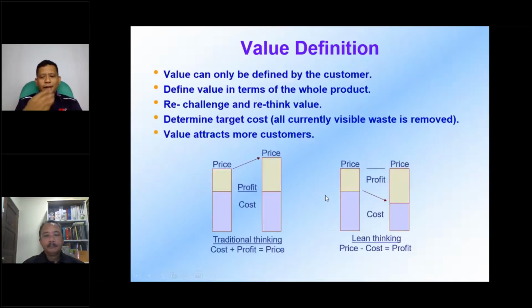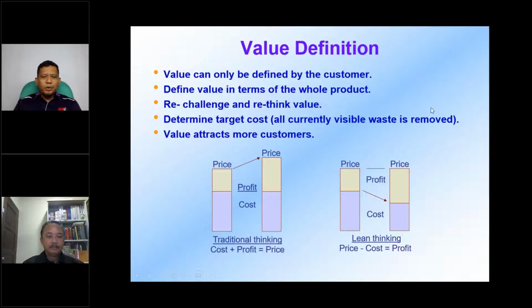For those who are quite good in terms of value added and non-value added in lean, basically we're talking about the value definition first of all, which is that value can only be defined by the customer in terms of whether they want to buy or not.